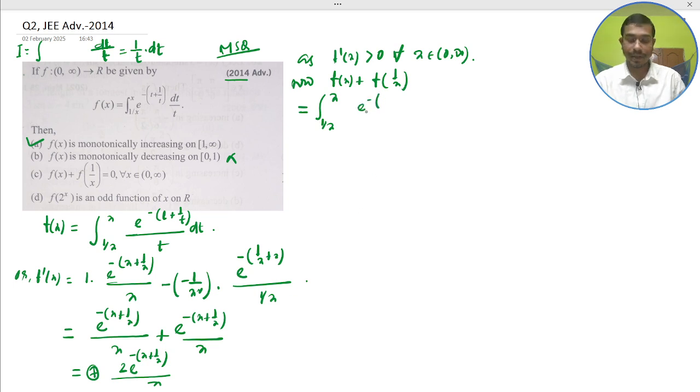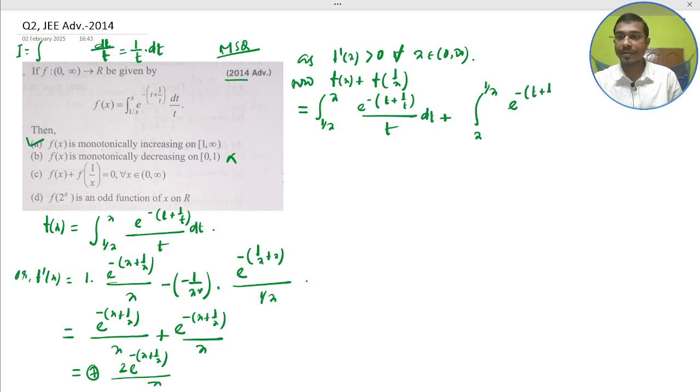Fx means exponential of minus t plus 1 by t divided by t dt plus 1 by x, so the limit should be changed here, x to 1 by x, and here the exponential minus t plus 1 by t divided by t dt. Okay, fine. Next, that implies fx plus f of 1 by x would be 0 for all x belongs to 0 to infinity.